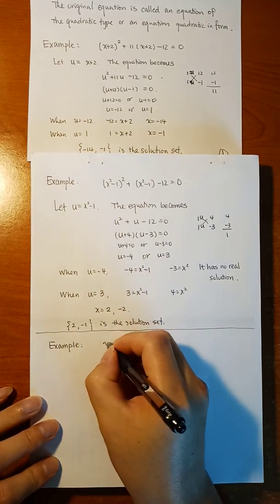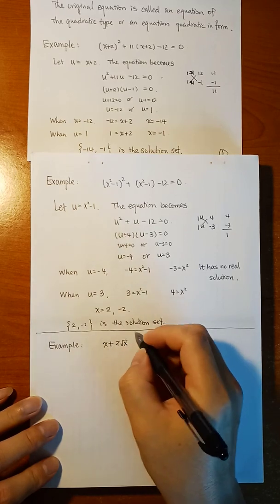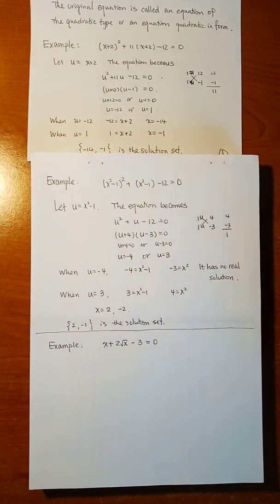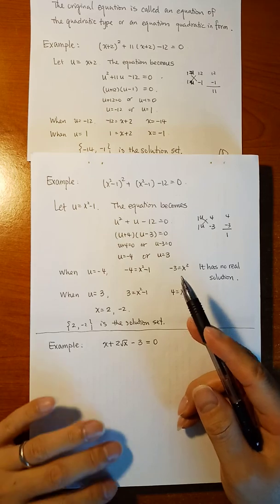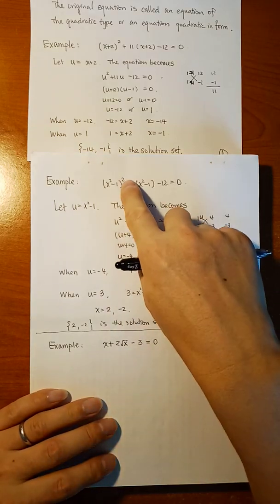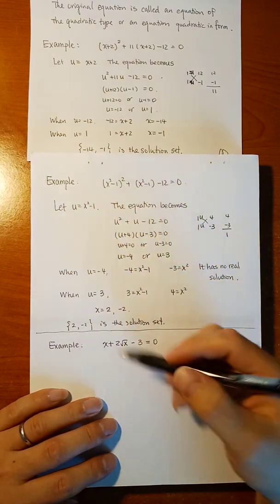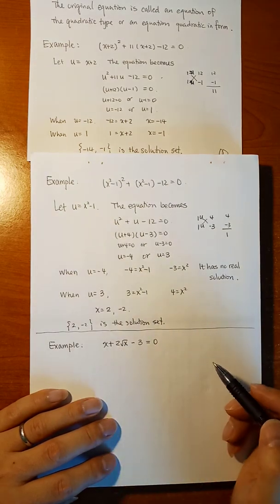We try to solve the equation x plus 2 square root of x minus 3 equal to 0. Well, this one is not as simple as the first two examples, because this one does not have a clear square that suggests what is the form of u. Here you have x and you have square root of x.